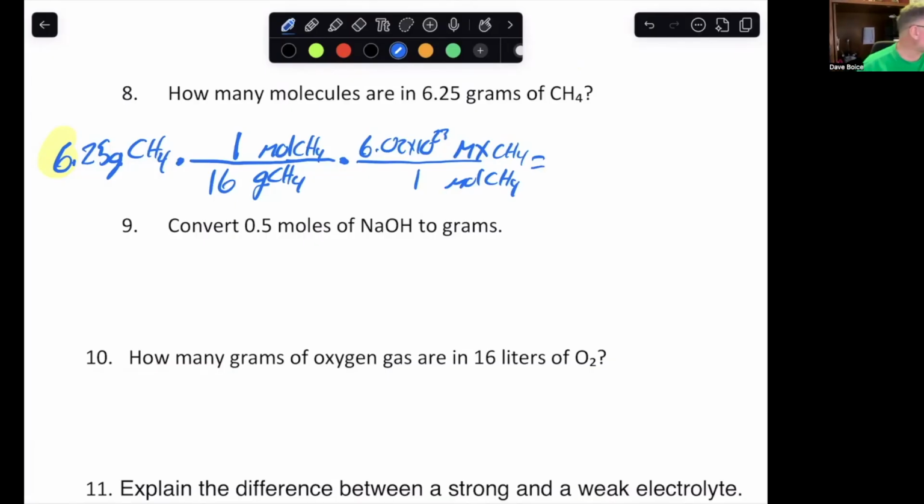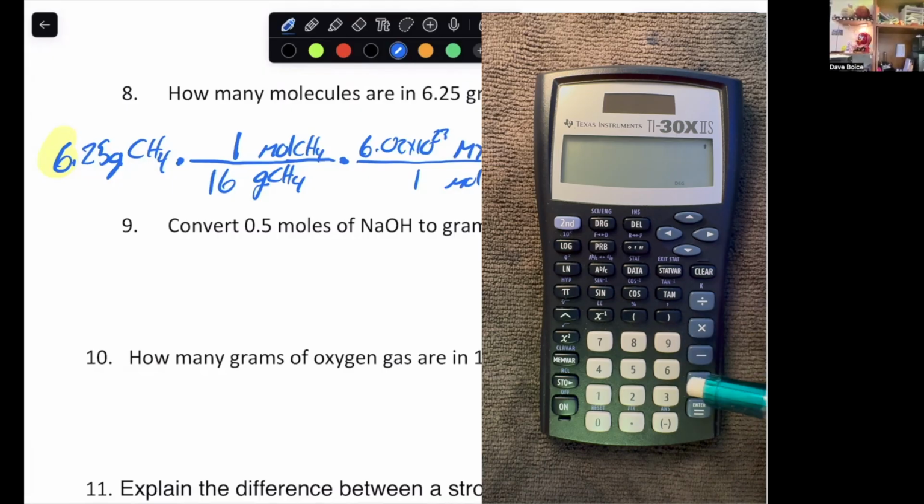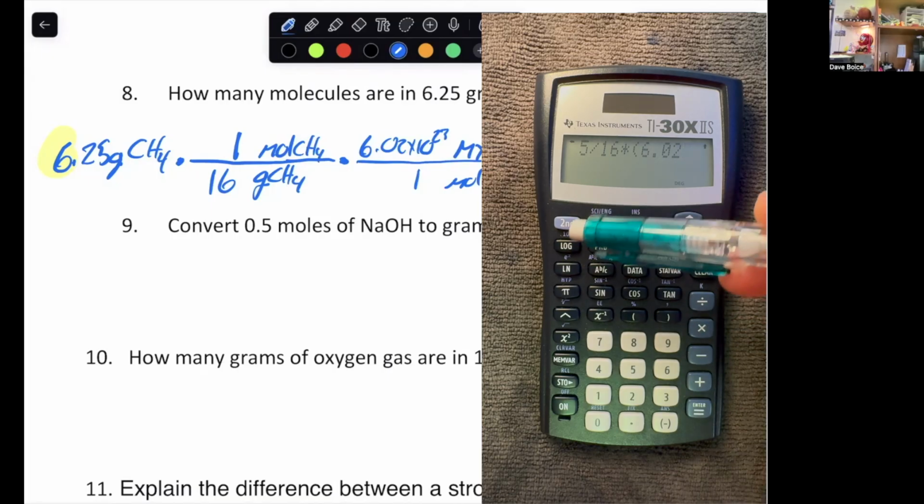Okay, so let's go ahead and get back to our calculator here. And I'm going to do clear. This is question number 8. 6.25 divided by 16 and then multiplied by Avogadro's number. So parentheses 6.02 second log.